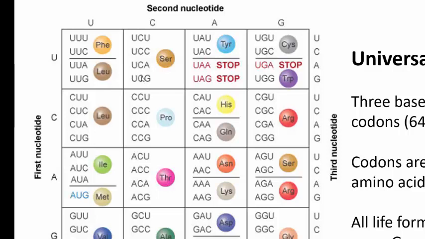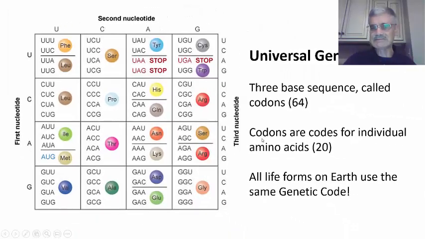But the point is there are 64 codons for 20 amino acids. There's some redundancy in that we have more than one codon for most of the amino acids. All life forms use these 20 amino acids, etc. So we call it the universal genetic code. There are a lot of interesting features about this, but that's for biochemistry nerds like me.